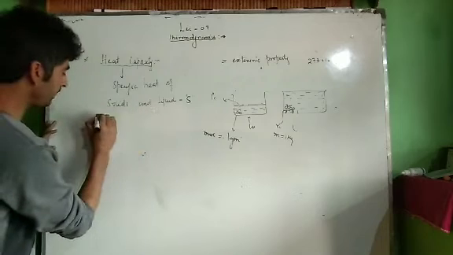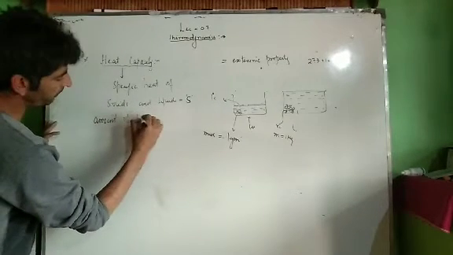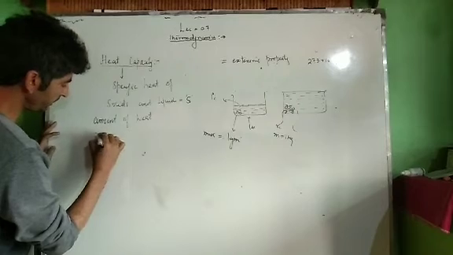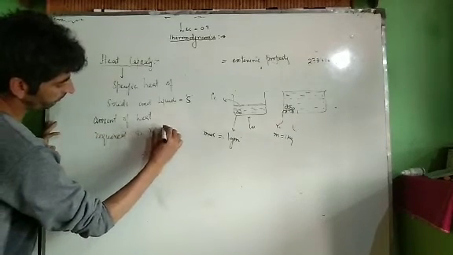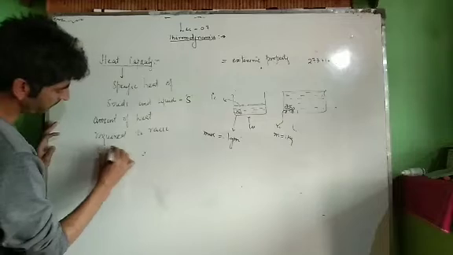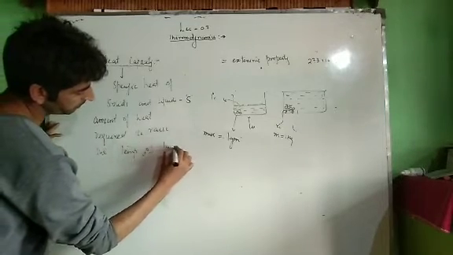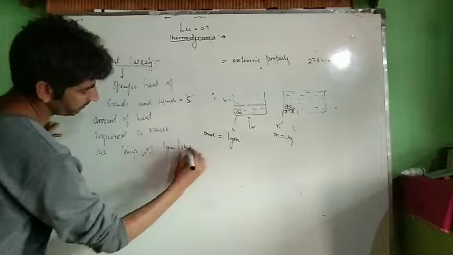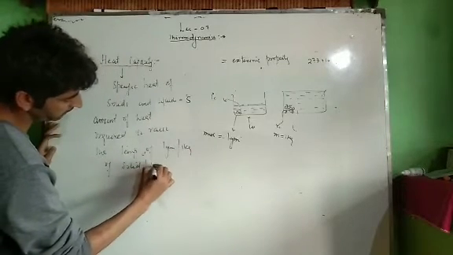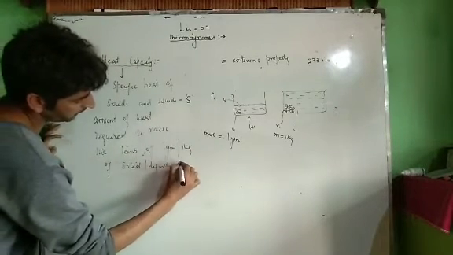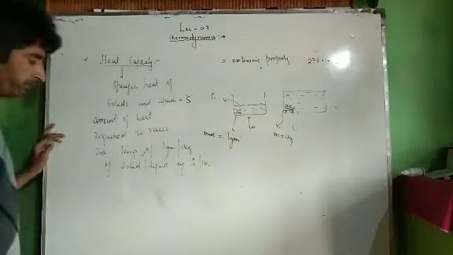Now it is defined as the amount of heat required to raise the temperature of 1 gram or 1 kilogram of solid or liquid by 1 degree centigrade or by 1 Kelvin.